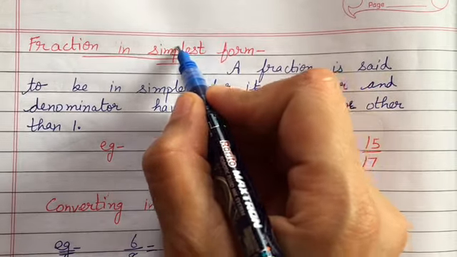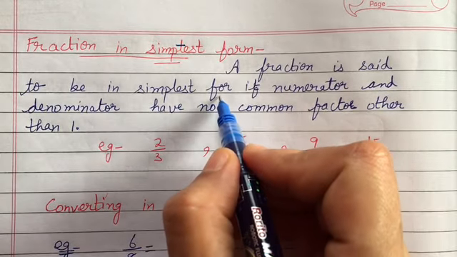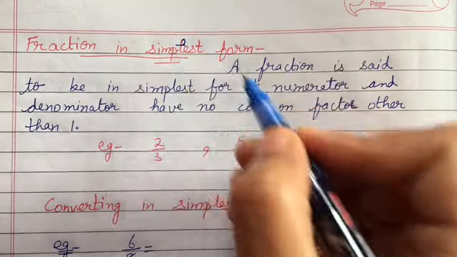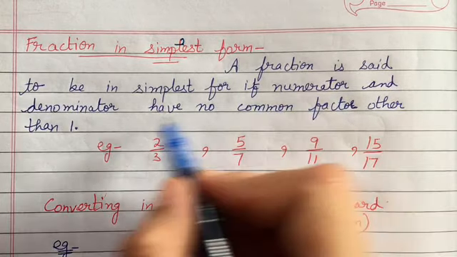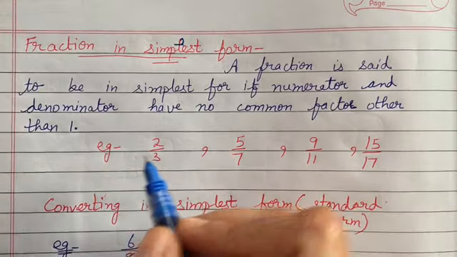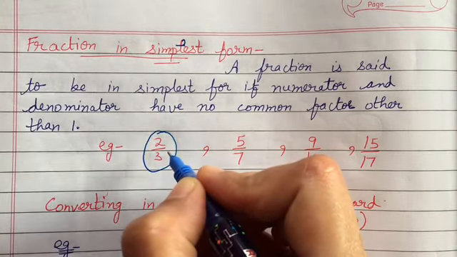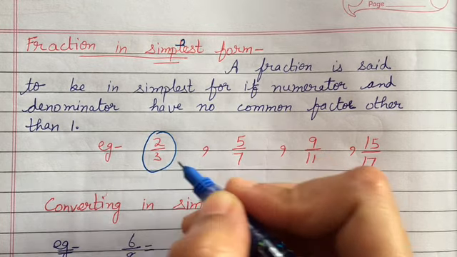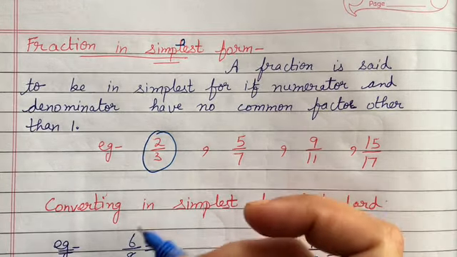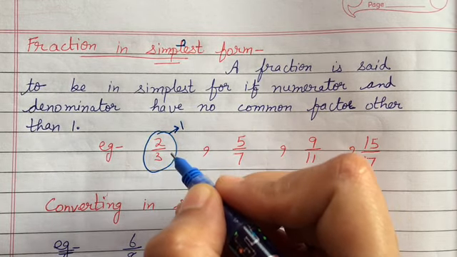A fraction is said to be in simplest form if the numerator and denominator have no common factors other than 1. That means for numerator and denominator there should be only one common factor, which is 1. A factor is an exact divisor.